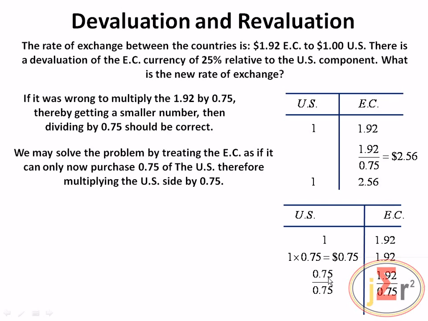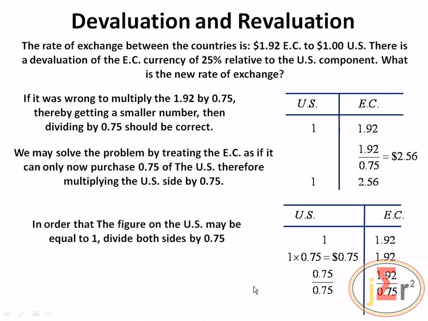So divide this by this, we get 1, and we need to do it on the other side also. So in order that the figure on the US side may be equal to 1, divide both sides by 0.75. Right, and that is what we get for our answer. Now we have our correct answer. $1 US to EC $2.50.